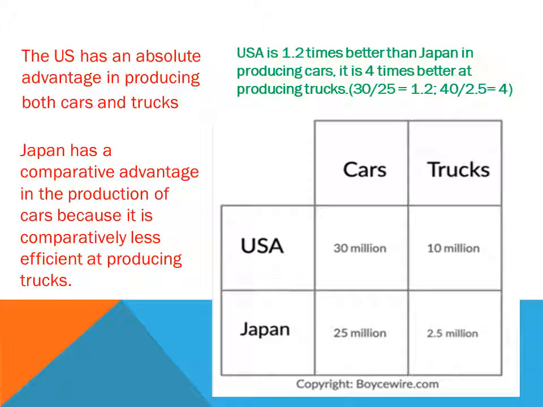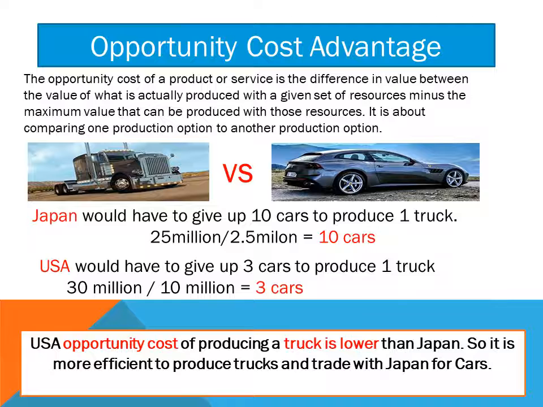And the same comparison applies. So in relation to Japan, we see here that Japan is probably better at producing cars, or not probably, they are, so they're more efficient and they will probably decide to divert their resources into doing that, right?